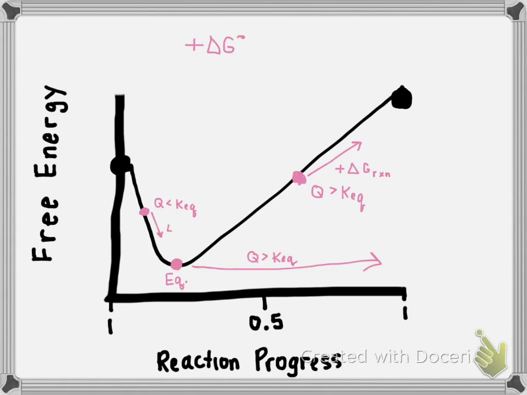And so our delta G of reaction under these conditions is going to be negative. Okay. So moving toward equilibrium is always going to be spontaneous. It's always going to be a negative delta G of reaction.